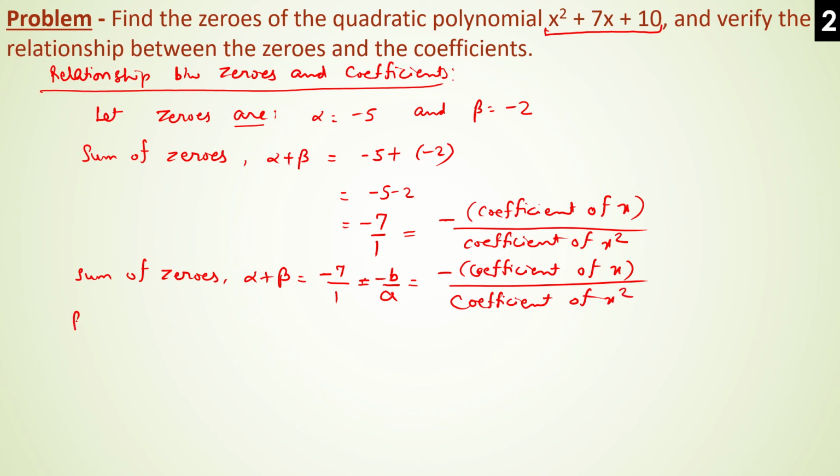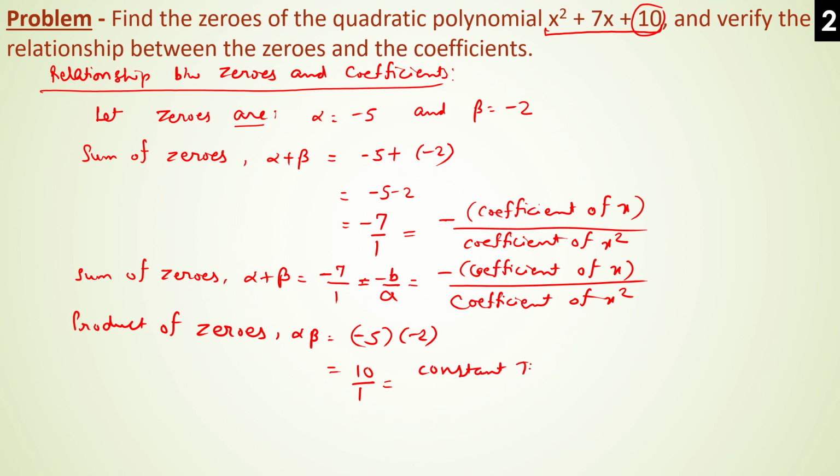Now see the product of zeros, alpha into beta, that will be minus 5 into minus 2, that means 10. This is 10 upon 1, and 10 is the constant term of the polynomial, and 1 is the coefficient of x square.